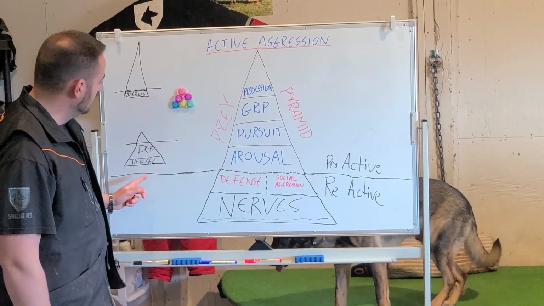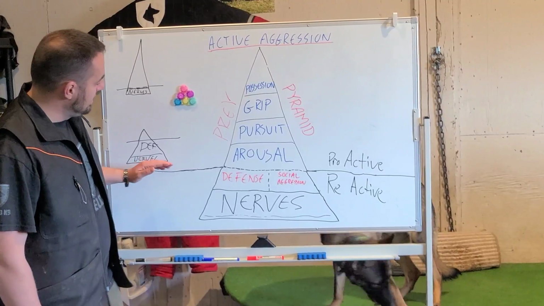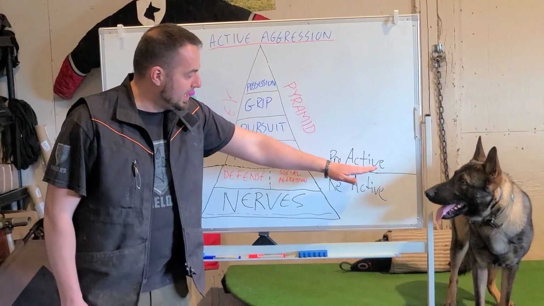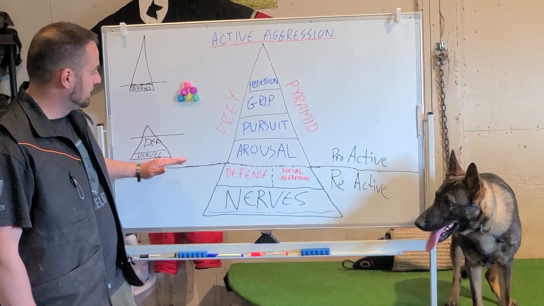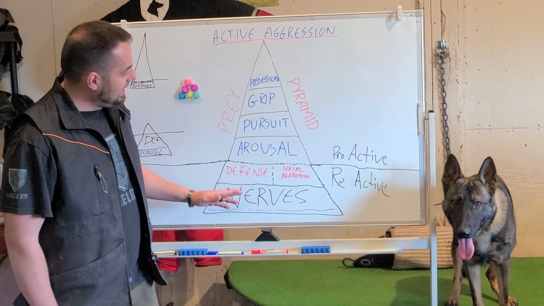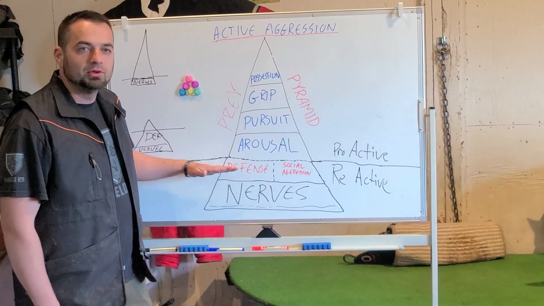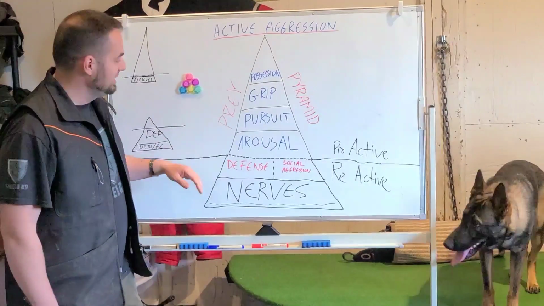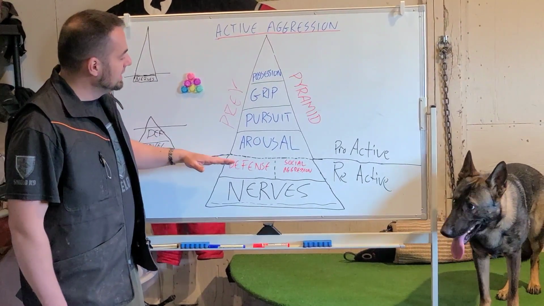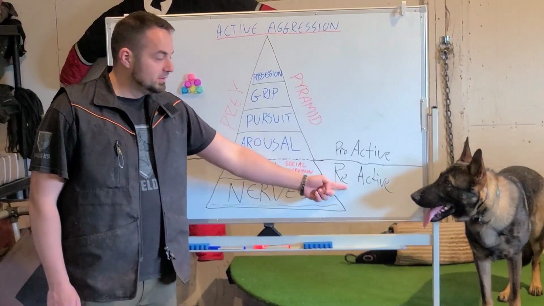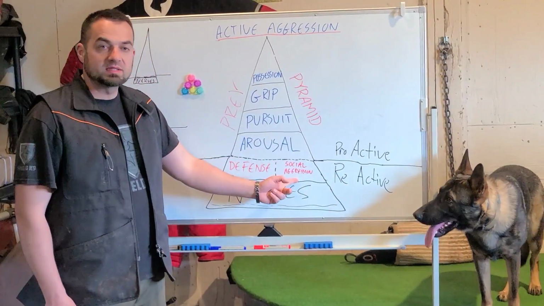Now you'll notice that in my little pyramid here, I created a metaphysical ground layer, so to speak, so that's this black line, okay? And the reason why I did that is, for me, defense is under the ground, so to speak, the metaphysical ground, all right? Defense is a reactive behavior. Same with social aggression.